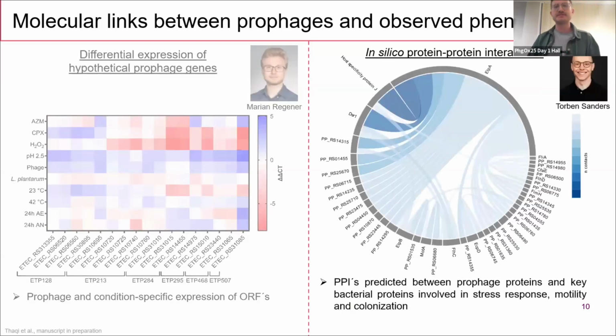We also did some in silico protein-protein interaction analysis, where we've been able to predict some interactions between prophage proteins and key bacterial proteins which are involved in some of the observed phenotypes, mainly in acid resistance, motility, and colonization.